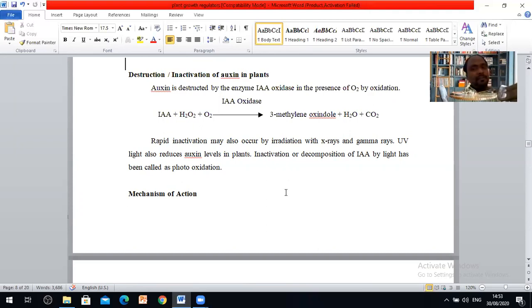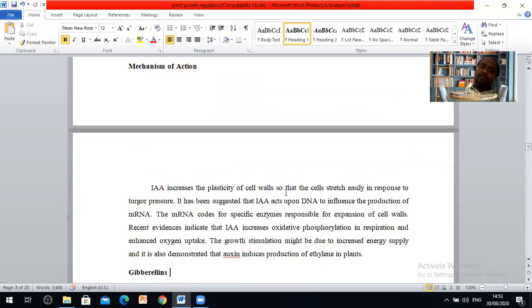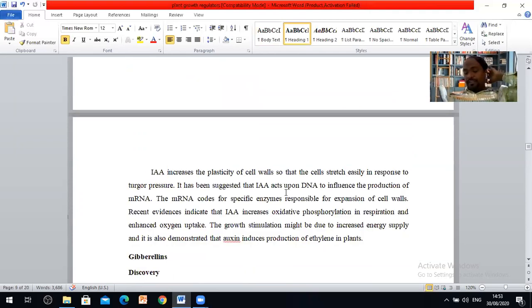Since indole acetic acid is destroyed, further cell elongation, cell division or growth of the plant cannot take place. This mechanism of the mode of action we have studied already, how indole acetic acid works. So this is all about indole acetic acid.